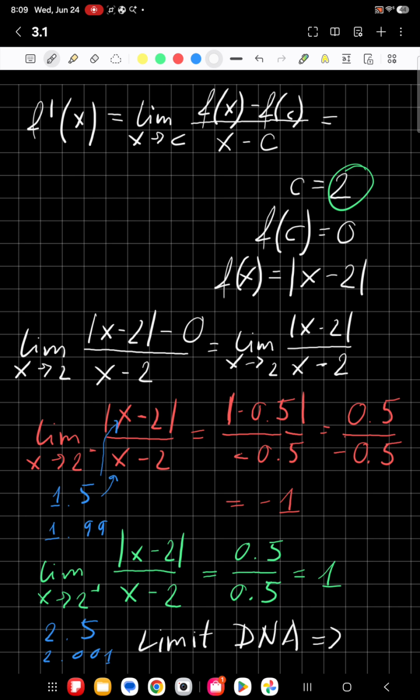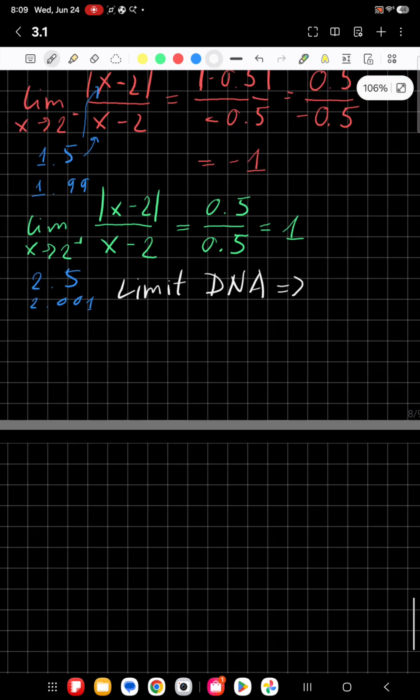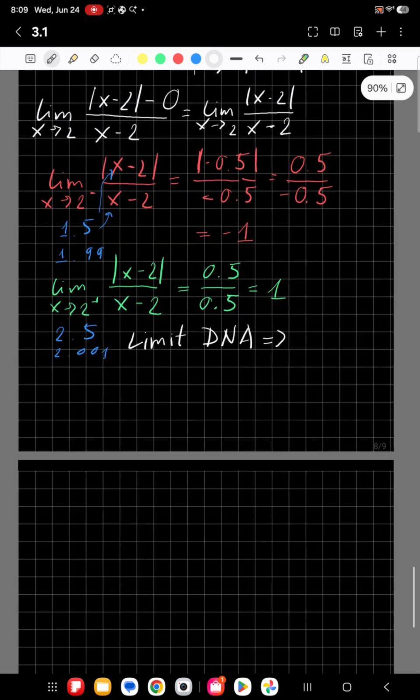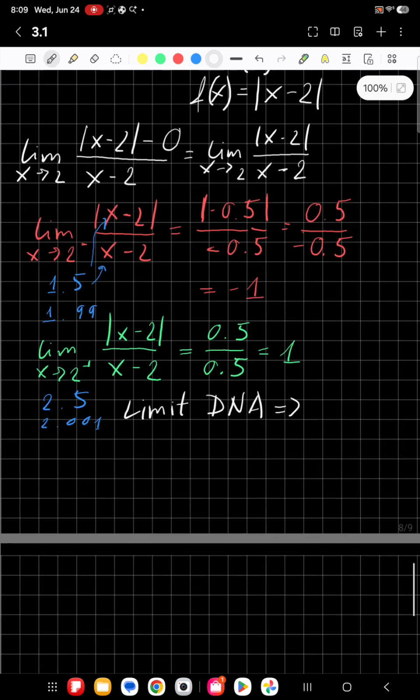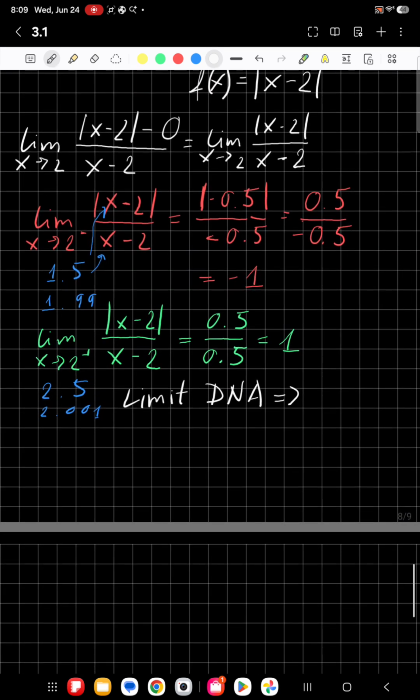So the conclusion is there is no derivative. The function is not differentiable. Okay, so that's our conclusion.